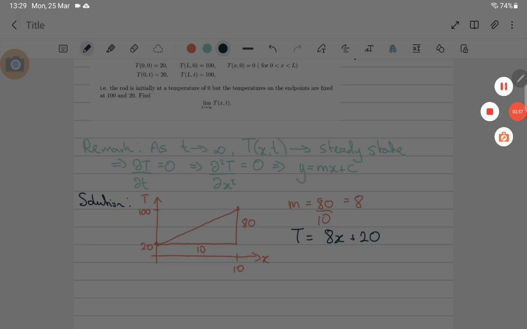So the issue is that if your lambda is between a half and a quarter, bigger than a quarter, the approximations will go to the steady state, but the only good approximations you'll have is your initial values and your steady state. In between, it's not going to necessarily be very accurate.